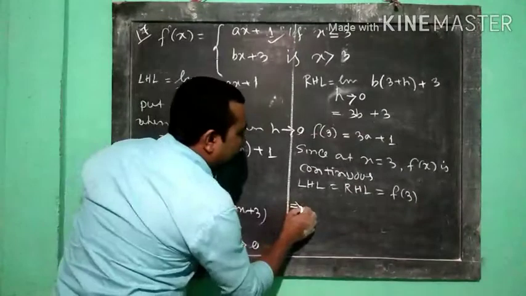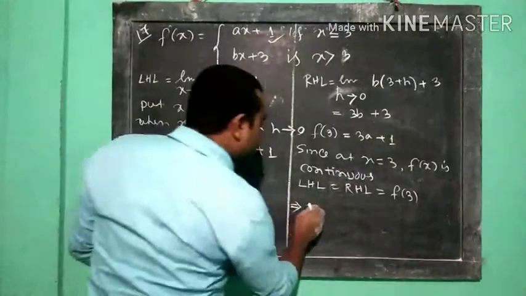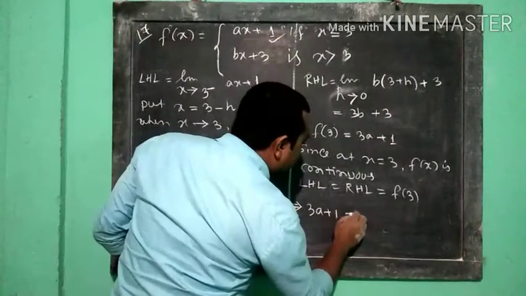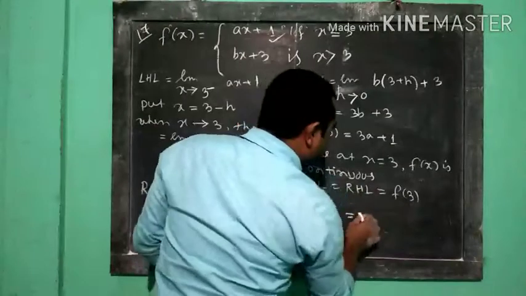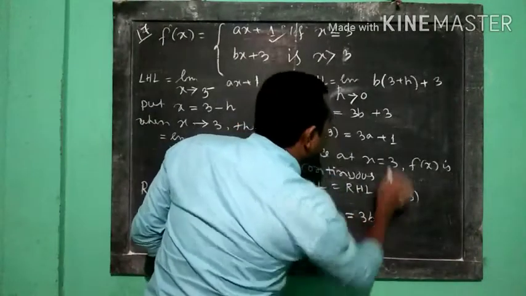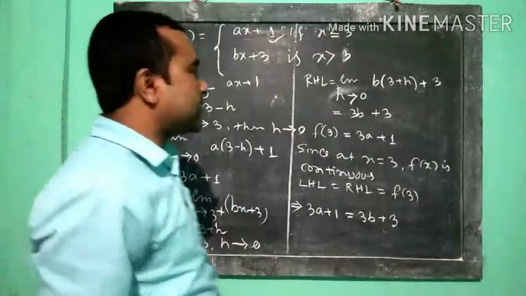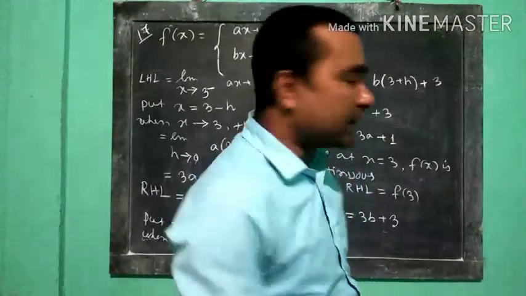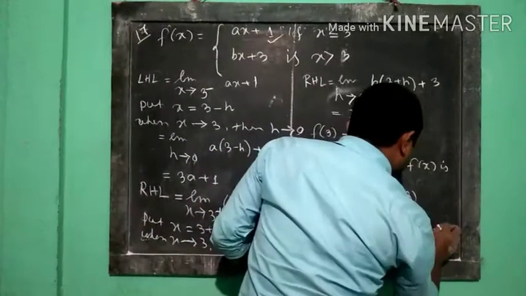The value of the left hand limit is 3a plus 1, the right hand limit is 3b plus 3, and f of 3 is also 3a plus 1.